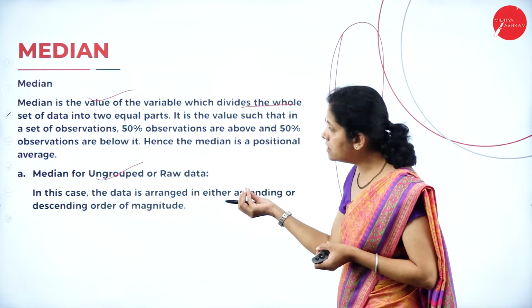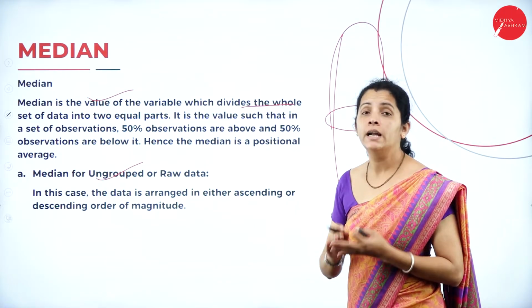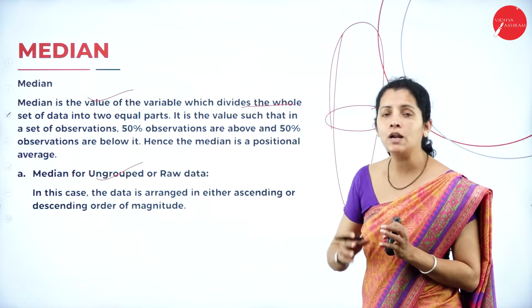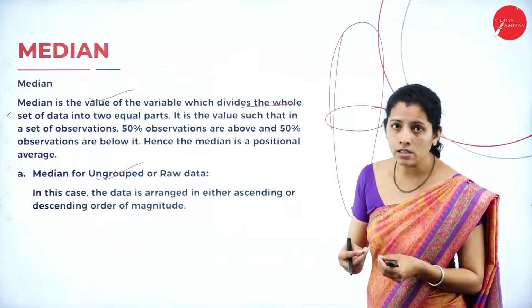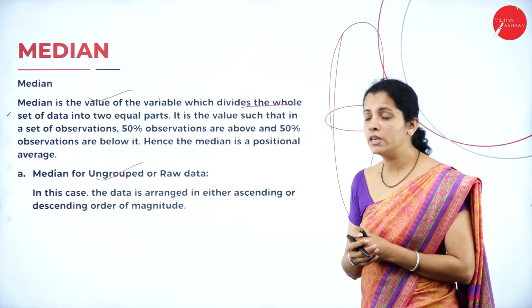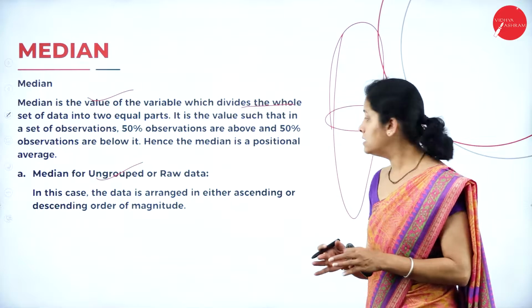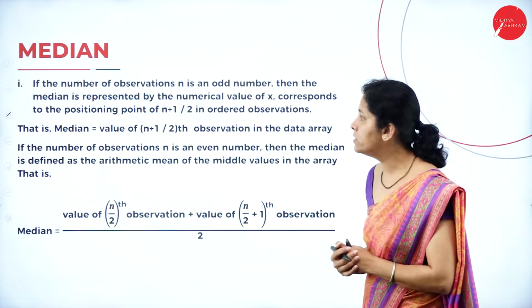If I consider median for ungrouped data, what is ungrouped? Data are not organized or not aligned. So, all the data are scattered. Now what I want to do here is align the data in some manner, that is either ascending order or descending order.